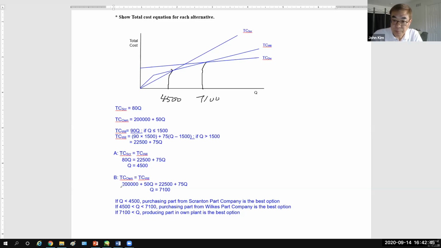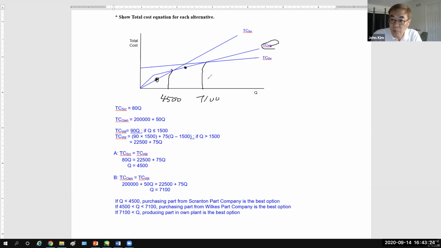So if Q is less than 4,500, TCS is the lowest option, so purchasing the part from Scranton Part Company is the best option. And between 4,500 and 7,100, TCW is the lowest option, so purchasing the part from Wix Part Company is the best option.